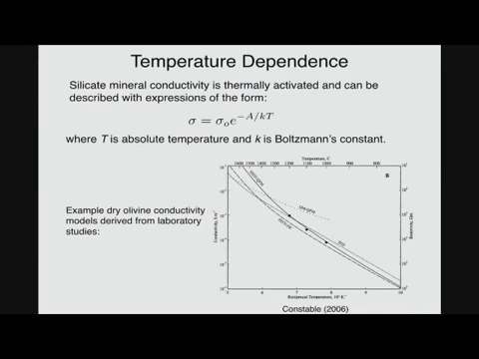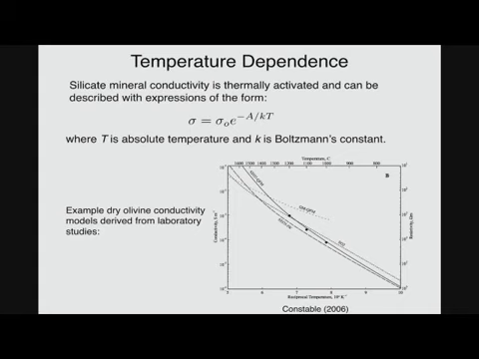We've got temperature plotted here, and this is the log of resistivity or conductivity. This exponential relationship is valid down here at the lower temperatures, and there are other things going on up here that give this curvature. But basically you can see that over the temperatures we'd expect in the lower crust down into the upper mantle, there's quite a bit of range, maybe an order of magnitude or two variation in olivine conductivity.